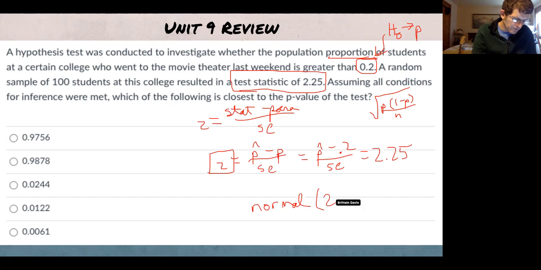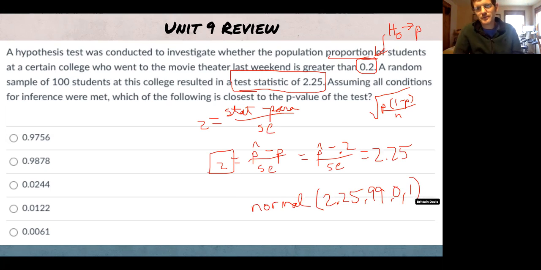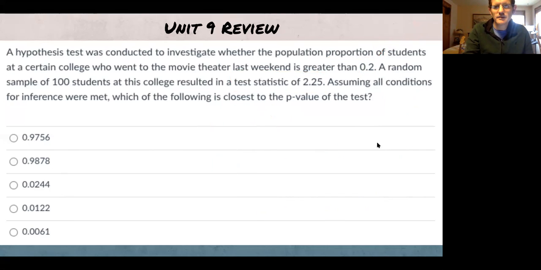I'm going to go from 2.25 to positive infinity with a standardized normal model, and I can get my answer. If I needed to calculate the test statistic, that's normal CDF, I should say. Anyways, we can go from there. All right, pretty straightforward when they give you the test statistic.